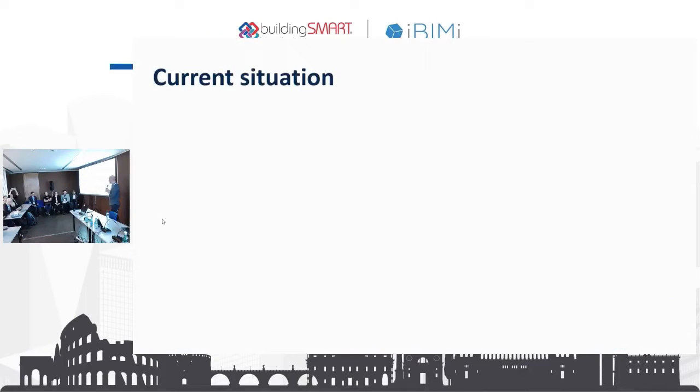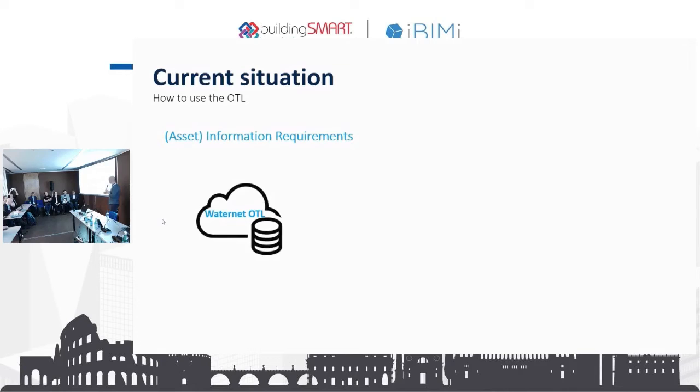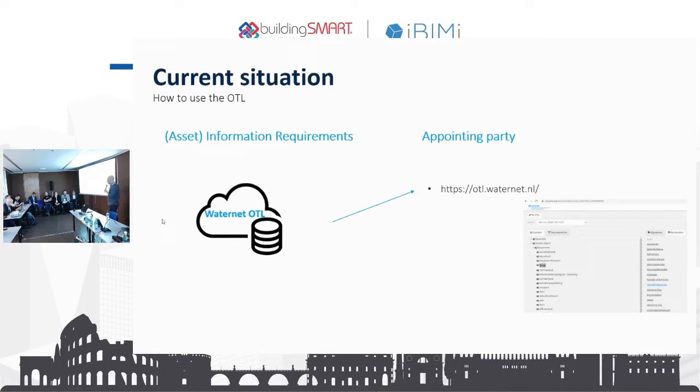The current situation. Now, Anouk told us we had an ontology, and in this ontology we have all our information requirements. And now the client parties: how can they use our information requests? They can go to the URI otl.waternet.nl and look for a bridge and some properties, to see what properties they have to deliver for a bridge.